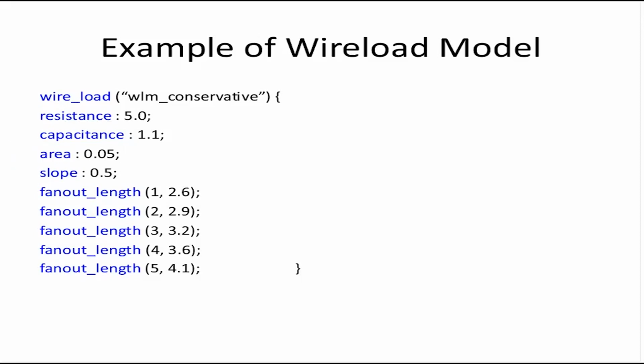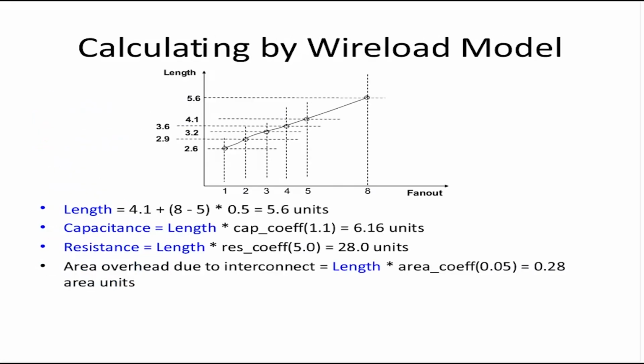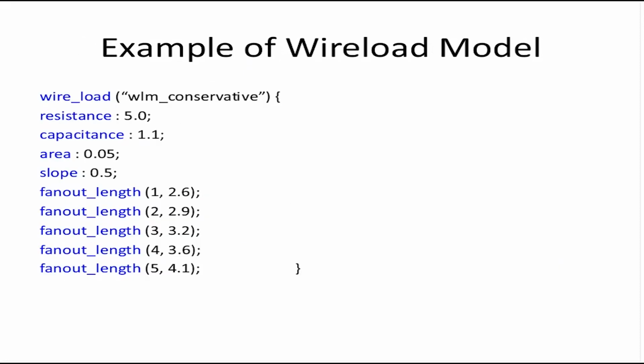Now let's take a look at a net which has a fan out of 8. From the previous data, we see that for fan out of 5, the length is 4.1. This is the maximum that the wire load model specifies. So for a fan out of 8, the tool will try to extrapolate.